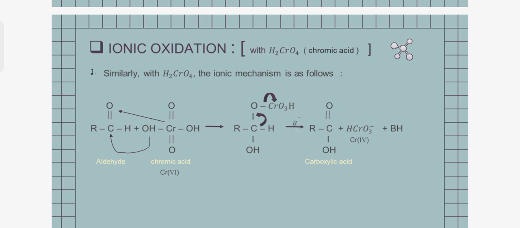The bond of O and CrO3H is broken and gives us HCrO3 minus, Cr from plus 6 oxidation state to plus 4 oxidation state, and the B minus reacts with hydrogen which is abstracted from the reaction, and gives us BH.